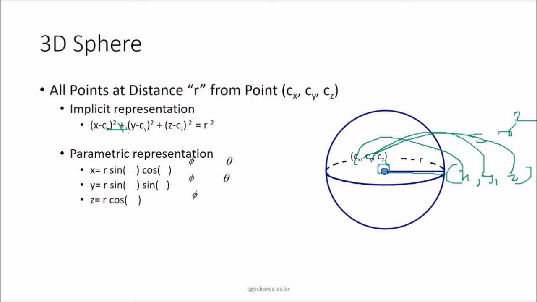You add them all. The parametric equation will be x equals r sine phi cos theta, y will be r sine phi sine theta, and z will be r cos phi. So you take any point, and these angles theta and phi vary, because this is a sphere. In a circle you get one angle, but because this is 3 dimensional, you'll get 2 angles.